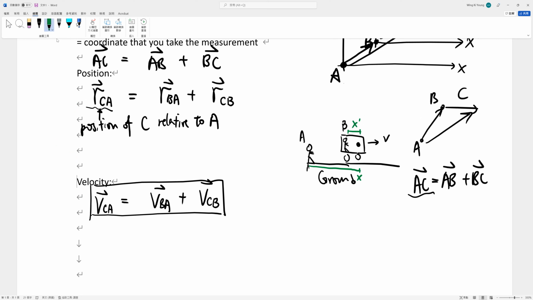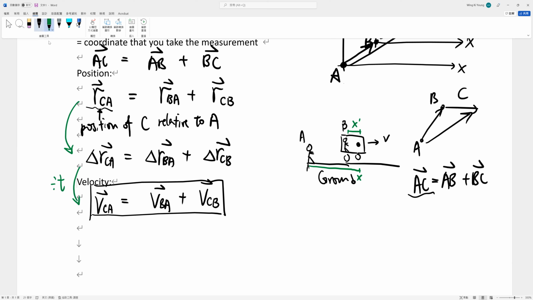You can get the change in position, and then you get a formula like this one. You know, change in position means a displacement. And then if you divide the equation with respect to time, the change in displacement divided by time, you get the velocity. So therefore, we get this formula.